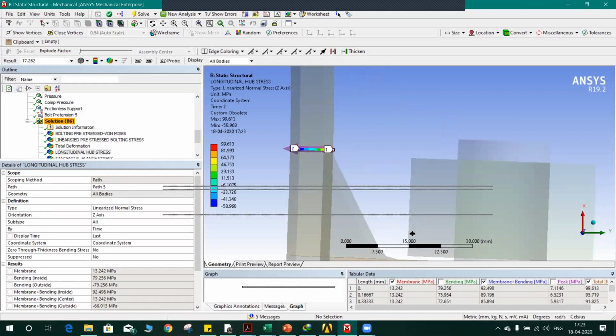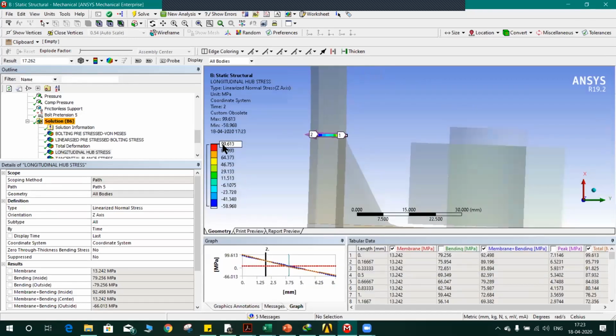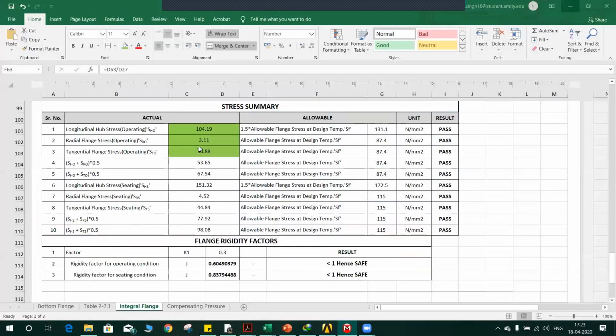It comes out to 93.9. I've done three iterations, and it's around 100 megapascals. So it is quite near to my analytical design calculation, 104 megapascals, and it is less than the allowable 131 megapascals. So it is passed on this basis.